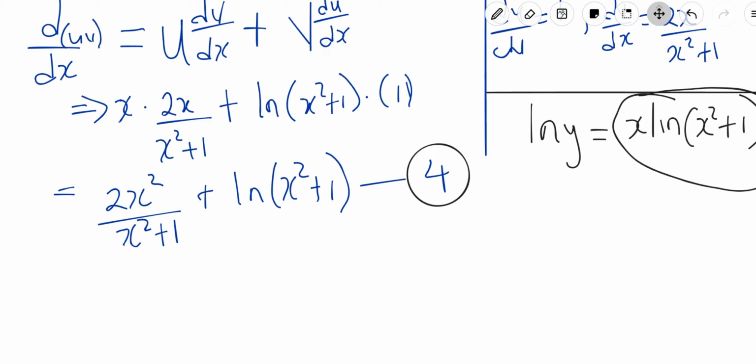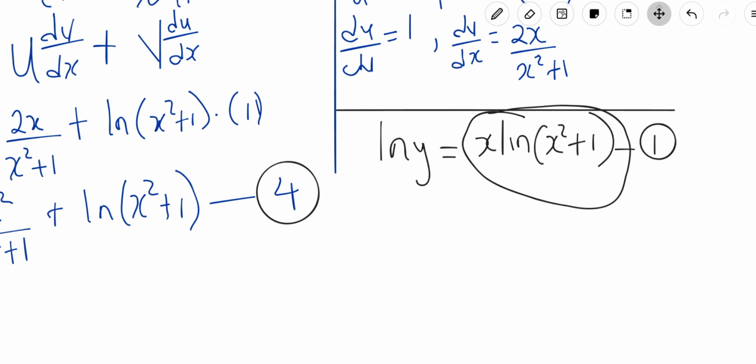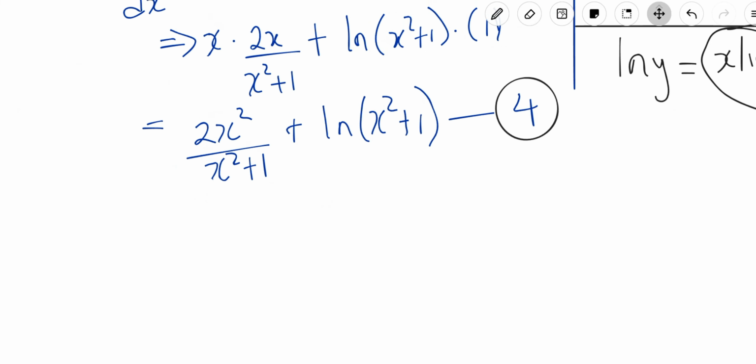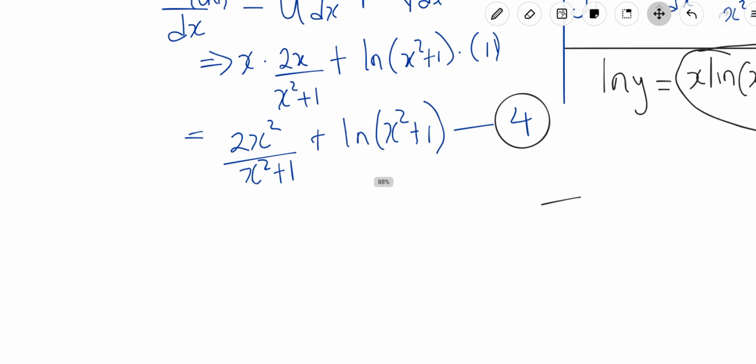What about the left hand side of equation 1? If I want to differentiate, I also need to differentiate the left hand side too. So let's get equation 5 by differentiating ln y.